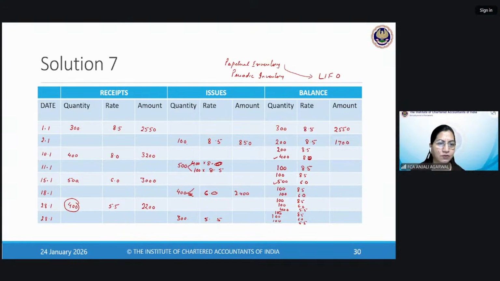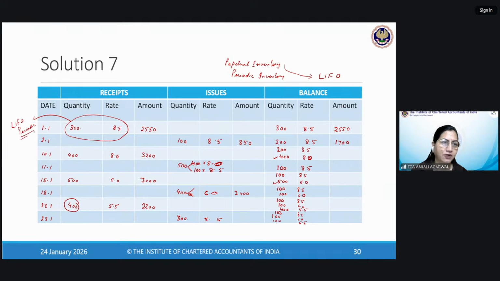So this lot will also be finished, and 300 will remain from here. When I have to issue these 400 units, 300 will go from here and 100 will go from here. So only 300 of this and 300 of this will remain. And finally, the last 300 will also go and only this will remain. This will be the value of closing stock in LIFO periodic.